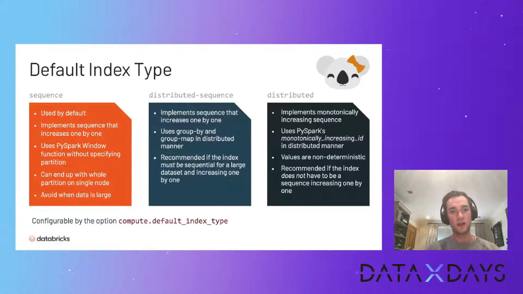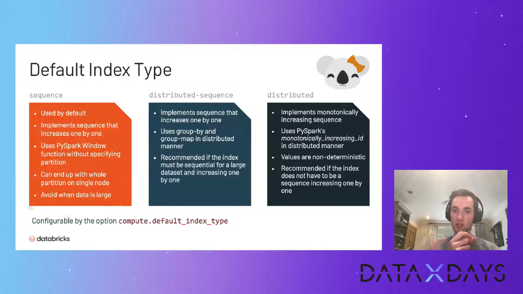So there are 3 types of default index type available to us. First of these is a sequence index. So sequence index is going to be used by default in Koalas, and it's going to implement a sequence that increases strictly 1 by 1.